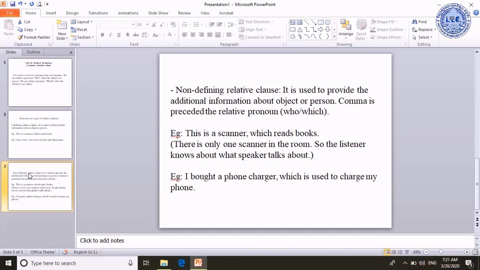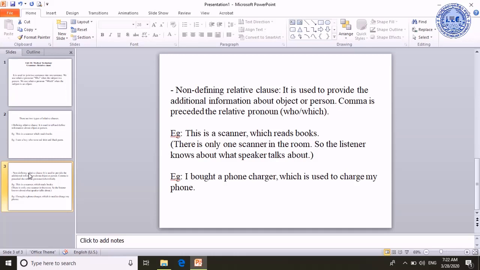To sum up, relative clause is used to join two sentences together by using relative pronoun who or which. Who we use with persons, which we use with objects. And there are two types of relative clauses. The first one is defining relative clause.